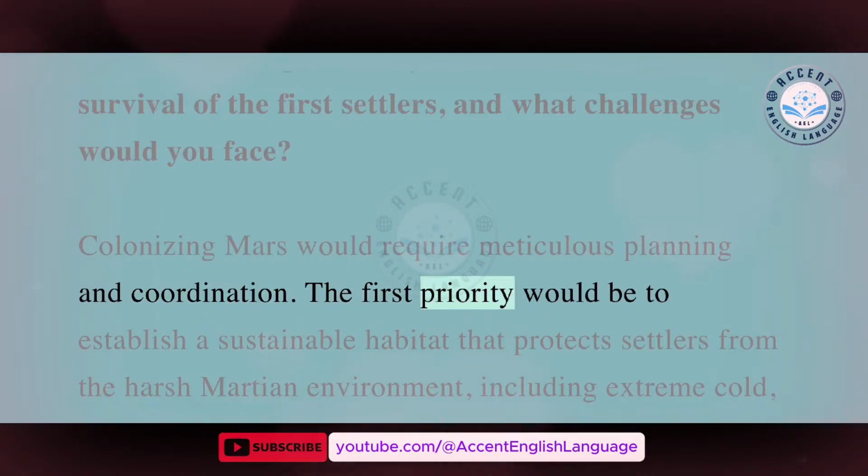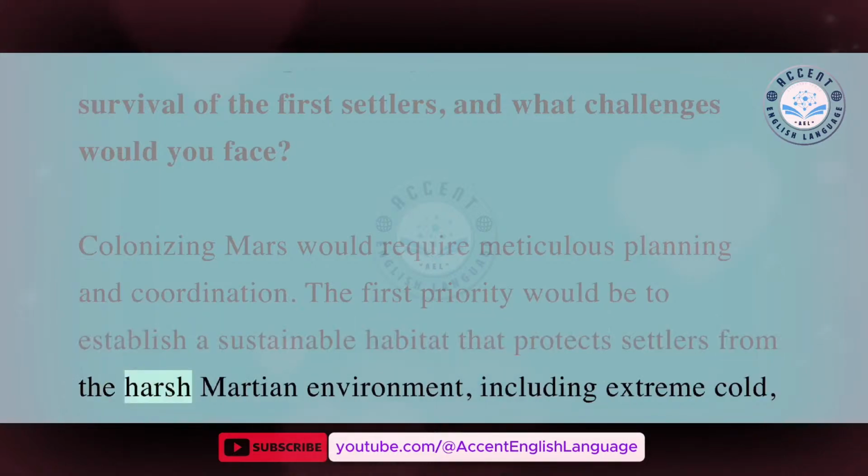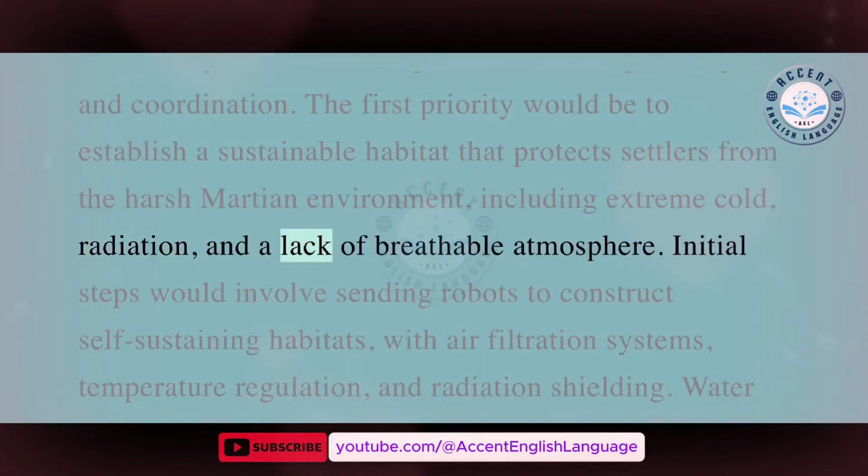The first priority would be to establish a sustainable habitat that protects settlers from the harsh Martian environment, including extreme cold, radiation, and a lack of breathable atmosphere.